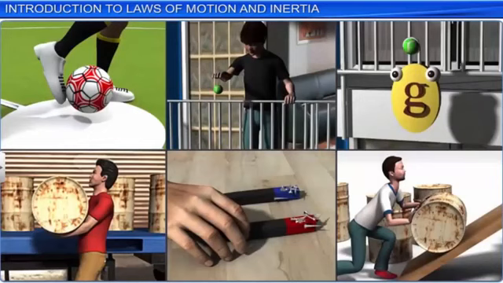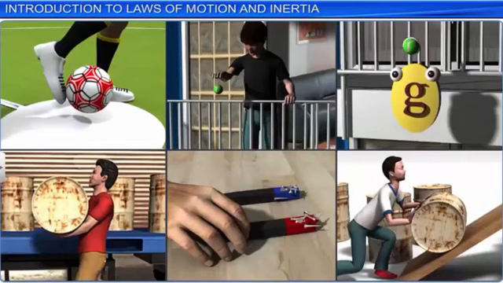In all these examples, we saw that an external agency applies a force, either contact or non-contact, to accelerate a body which is at rest, or to retard the motion of a body which is in motion.